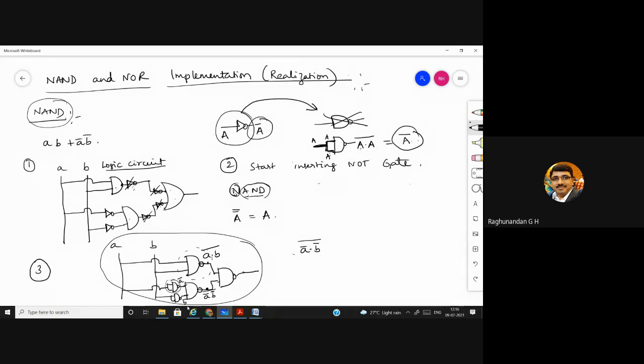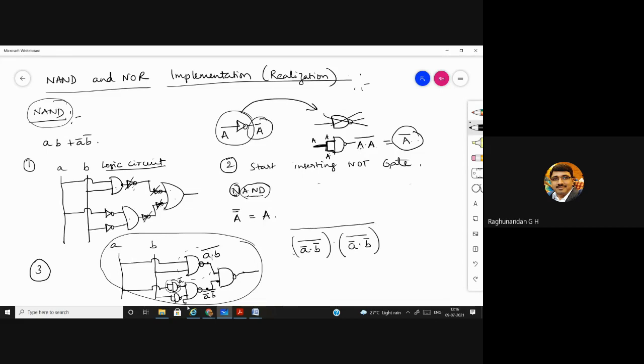Again, it is going to give the complement. So now at this point we are getting A bar into B bar whole bar, and again one more bar.